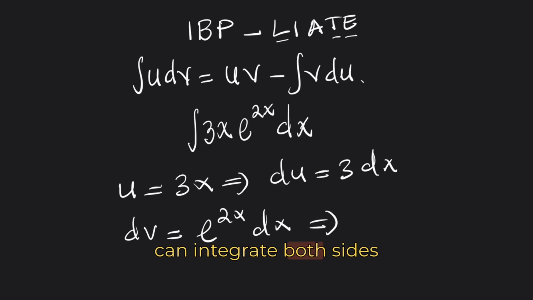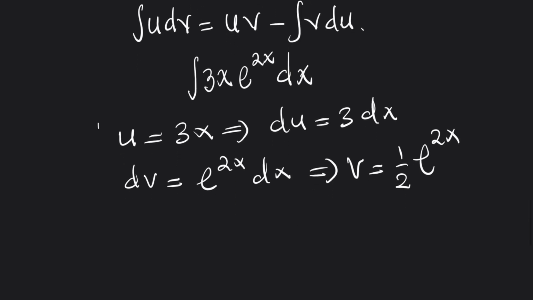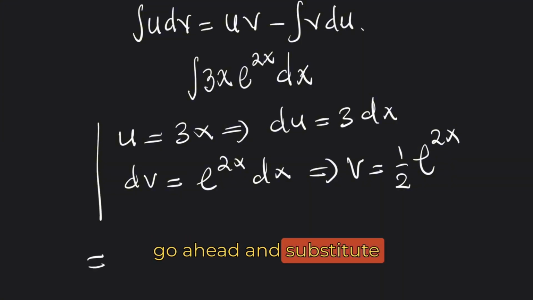Then we can integrate both sides here so that v is 1 over 2 e to the 2x. Then we can go ahead and substitute into our formula.